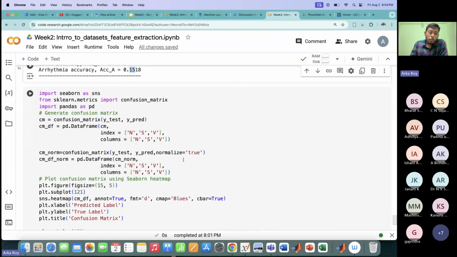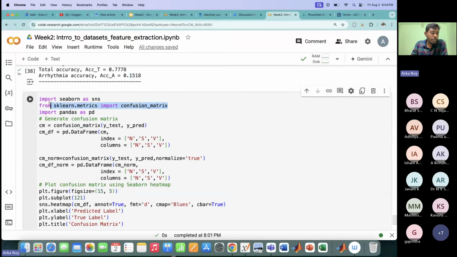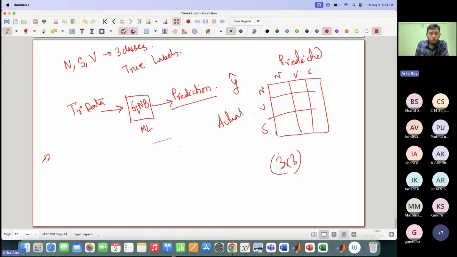So now we want to see the confusion matrix. How can you plot it? Again, there is a function in sklearn: from sklearn.metrics import confusion_matrix. This is the function that you have to call. So CM is basically the confusion matrix. Between which quantities do I have to calculate it? I have the true labels y and the predicted labels y hat.